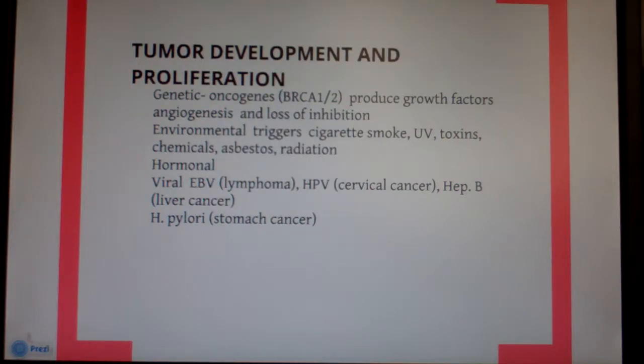There are viruses like Epstein-Barr virus. We've seen that, like Burkitt's lymphoma. HPV, we've seen that, and cervical cancer, human papillomavirus, right? Hepatitis B, I don't remember if we ever talked about that or not, but it can certainly lead to liver cancer. And then there's H. pylori that causes ulcers in the stomach, but it can also continue and cause actual stomach cancer.